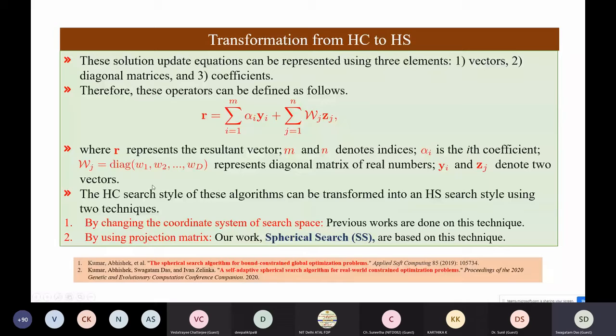So the HC search style of this algorithm can be transformed into an HS search style. There can be two ways. One is to change the coordinate system of the search every time, so you can go to polar coordinates or something like that. Or you can use a projection matrix.